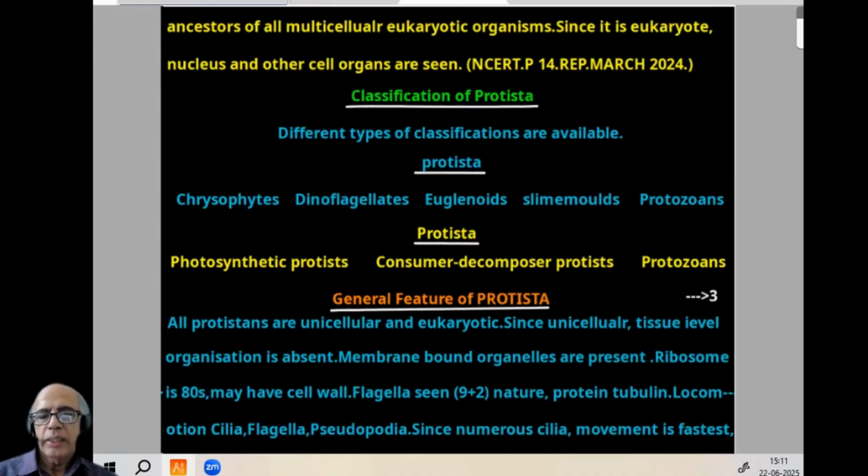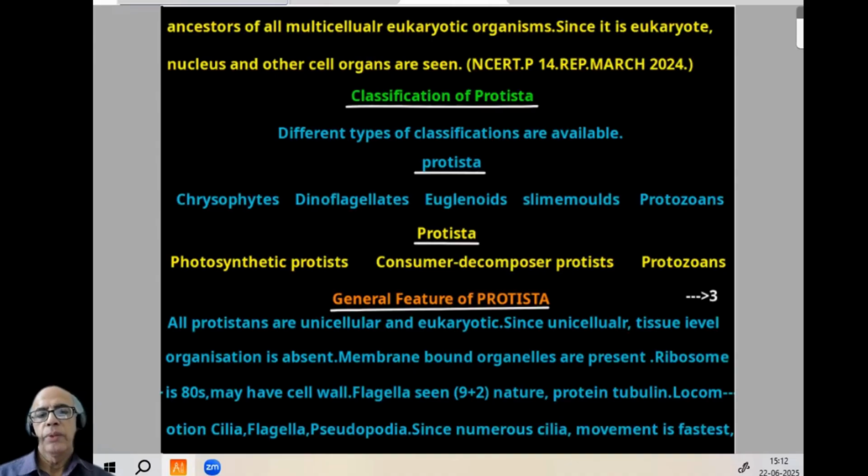Now, again, general features of Protista. All protistans are unicellular and eukaryotic, so anywhere we can apply this line. Since unicellular, we cannot observe tissue level organization because there is only a single cell. Tissue means assembly of cells. Membrane organelles are present since it is eukaryote. Ribosome size is 80S, like eukaryote ribosomes. May have a cell wall, not a must.